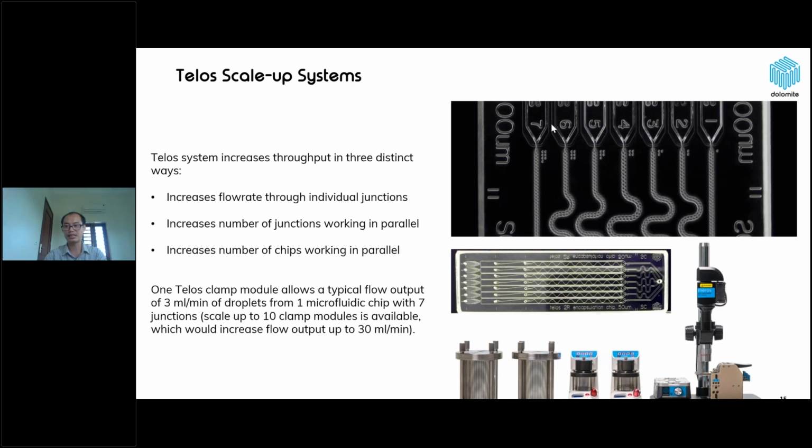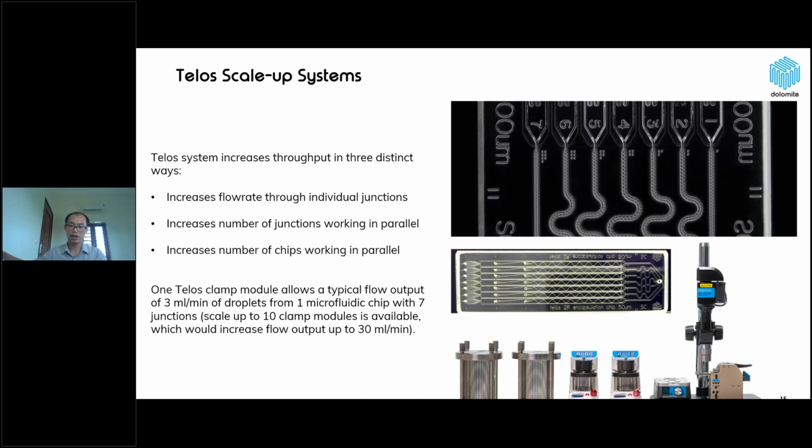Here you can see one Taylor microfluidic chip, where we can integrate 7 parallel channels in 1 chip working together, increasing the production rate up to 7 times compared to a single chip. Or we can increase production by increasing the number of chips working in parallel.